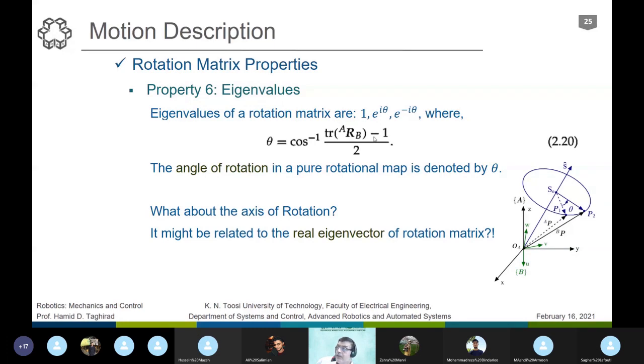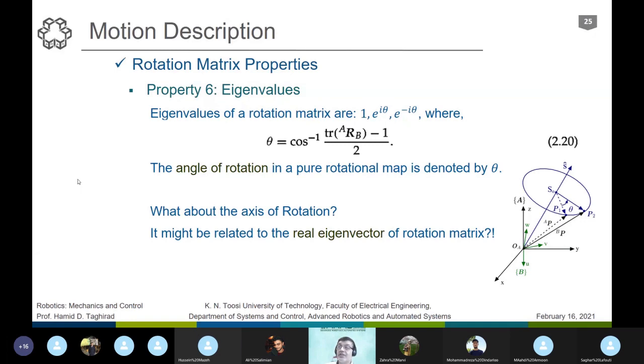But what gives you the vector about which the rotation is taking place? Everybody is quite quiet. Maybe eigenvectors. Not all eigenvectors, the real eigenvector.